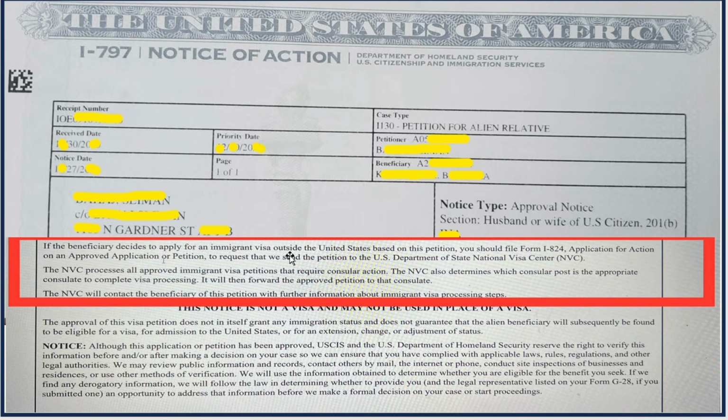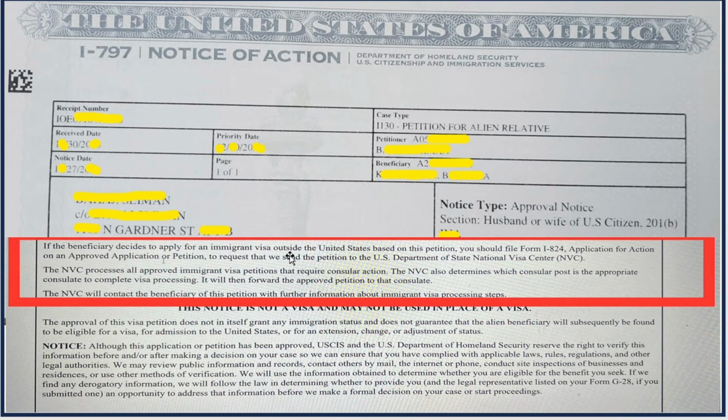What happens sometimes, they approve your petition, then they ask you to file I-824, application for action on approved application or petition, to request USCIS to move your petition to NVC. Why? Because you made a mistake on I-130. Instead of filing for consular processing, you did adjustment of status.